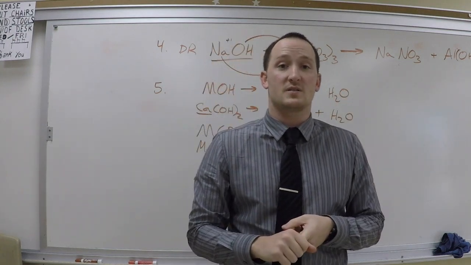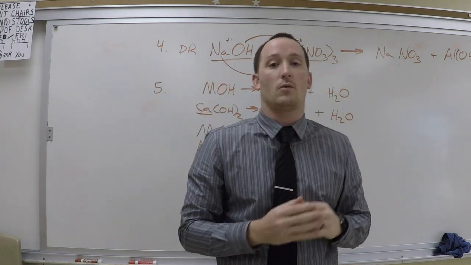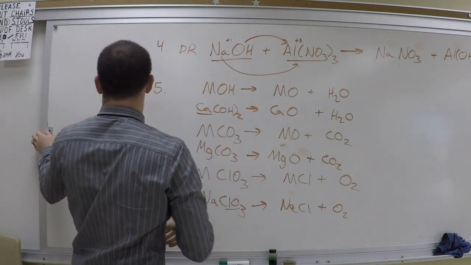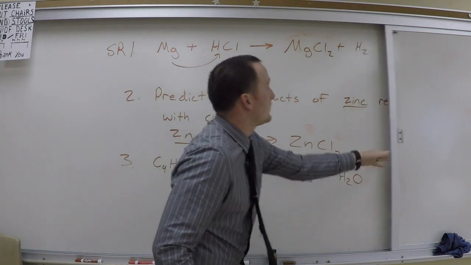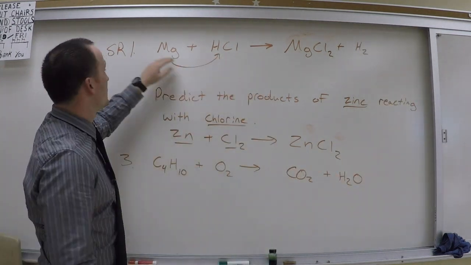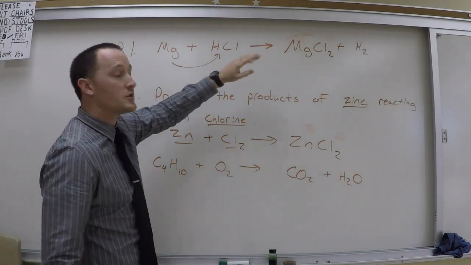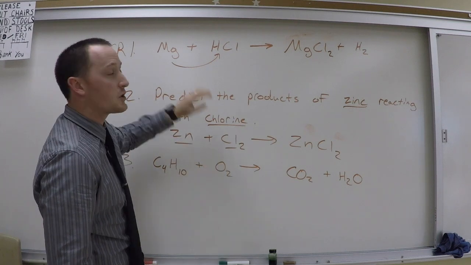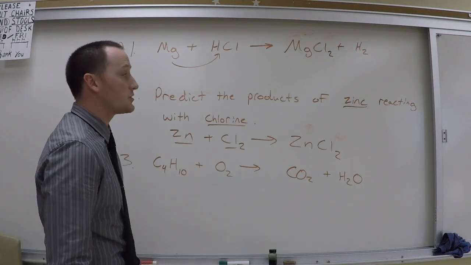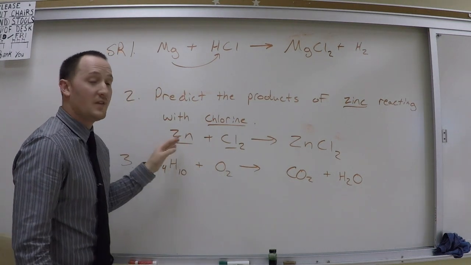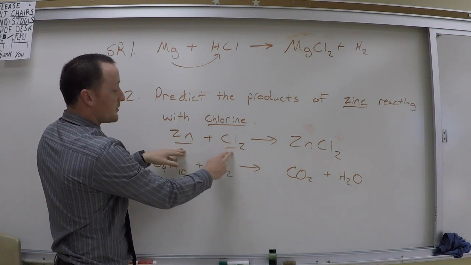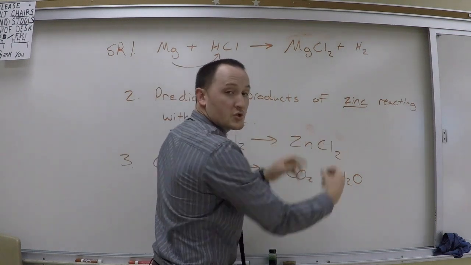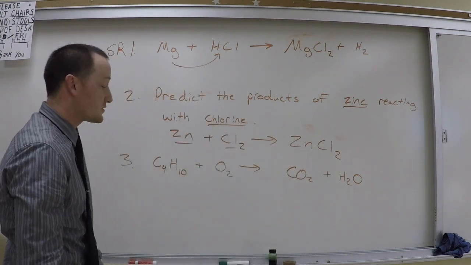For single replacements, one of the elements is going to kick out the other, just like in this reaction. Magnesium kicked out the hydrogen because the hydrogen was positively charged and magnesium wants to be positively charged. Then, in this synthesis reaction, how I knew it was a synthesis is because they're just 2 elements and you're just going to push those together and crisscross the charges.